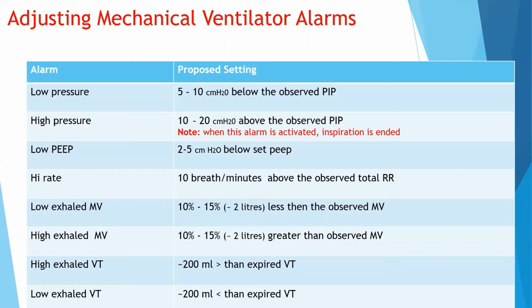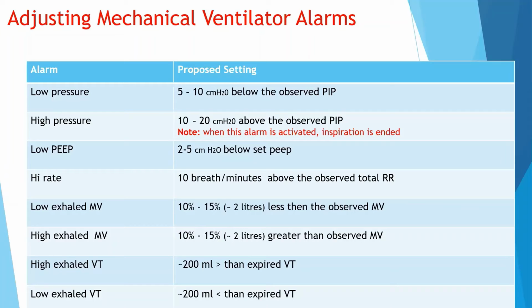If there is a low pressure alarm, it's generally set 5 to 10 centimeters of water below the observed PIP, or peak inspiratory pressure. The high pressure alarm is generally set 10 to 20 centimeters of water above the observed peak inspiratory pressure. One thing to note, when this alarm is activated, inspiration is ended.